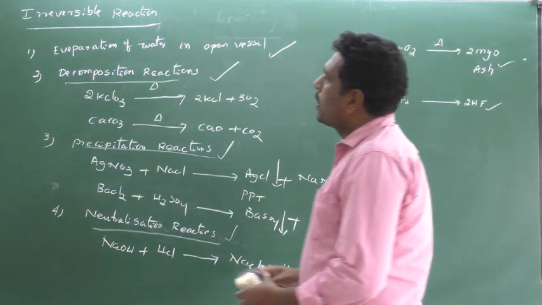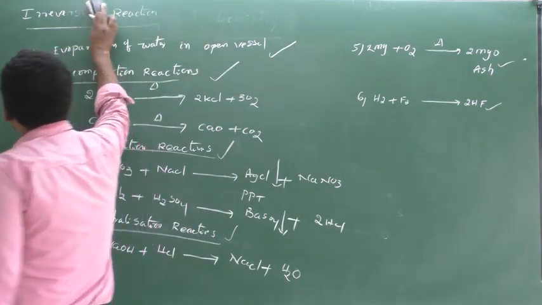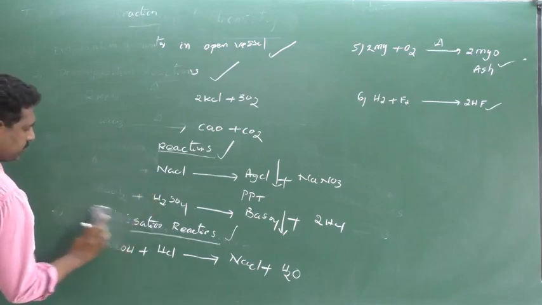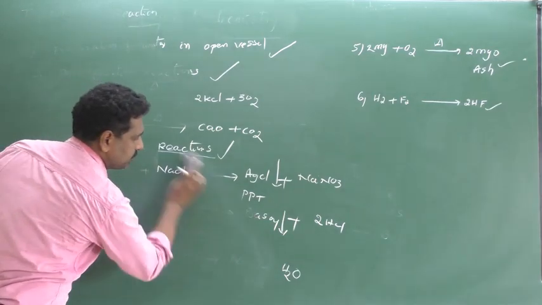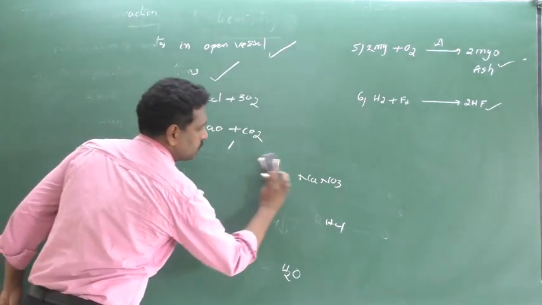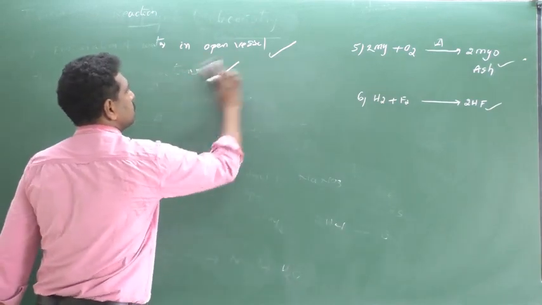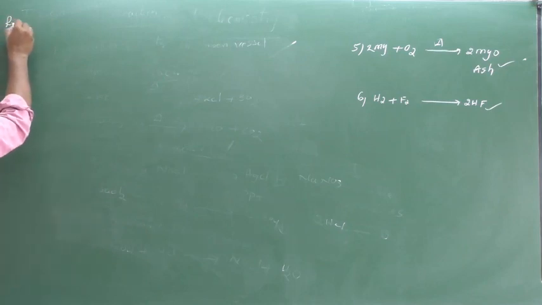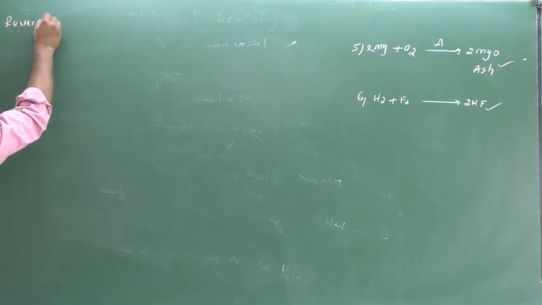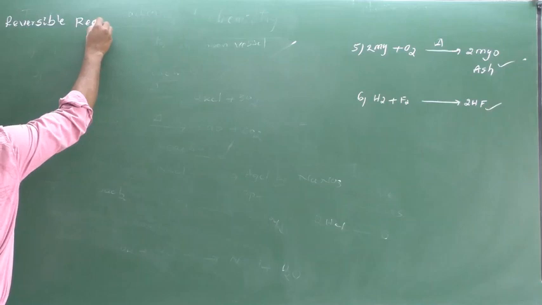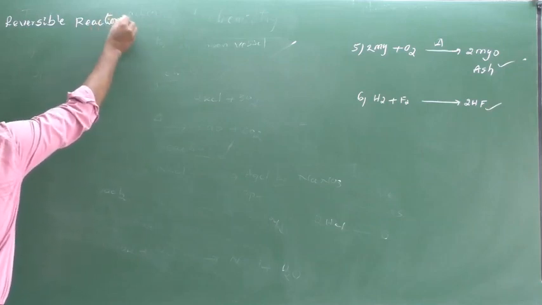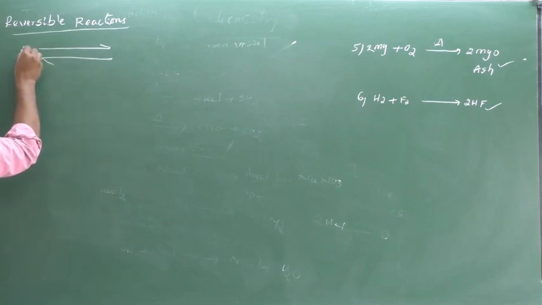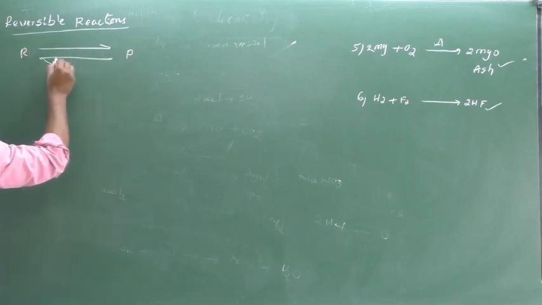After that, I will give examples for reversible reactions. Reversible reactions take place in both directions, reactants to products and products to reactants.